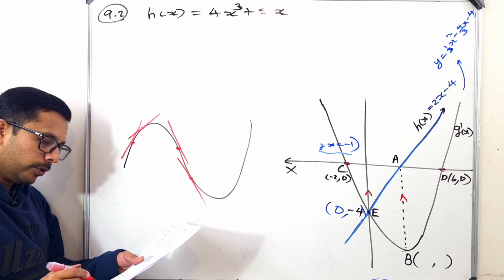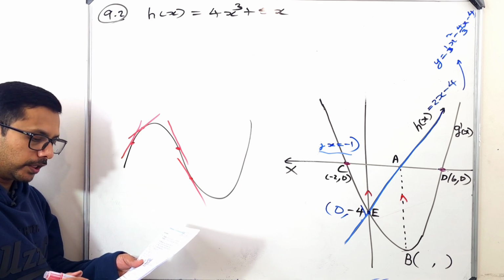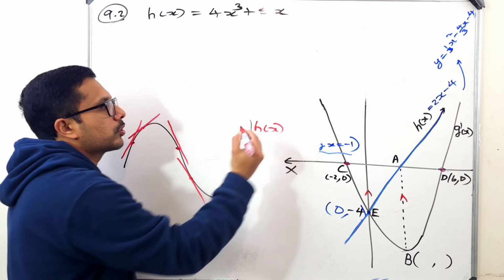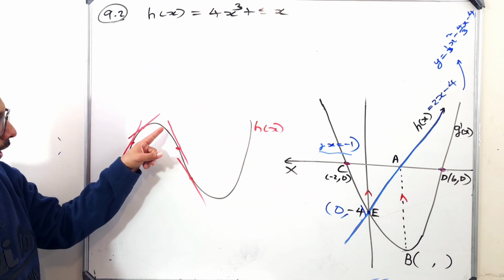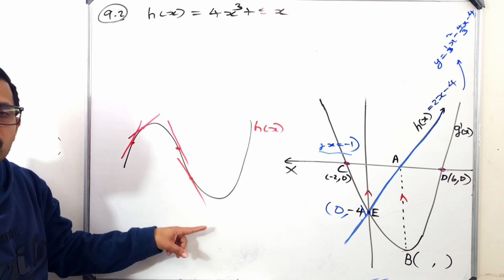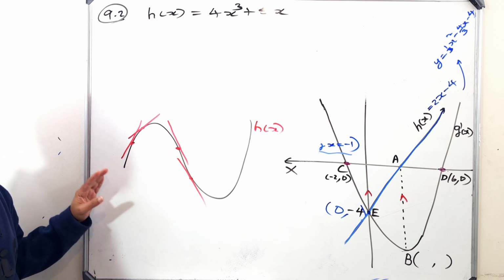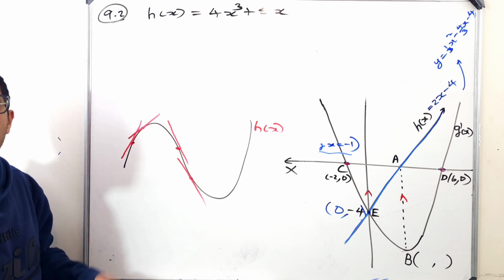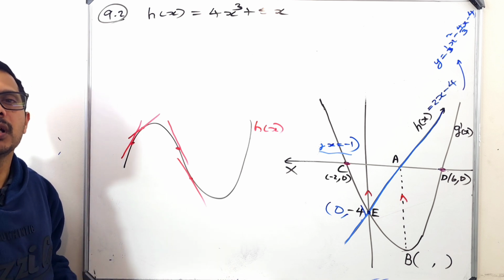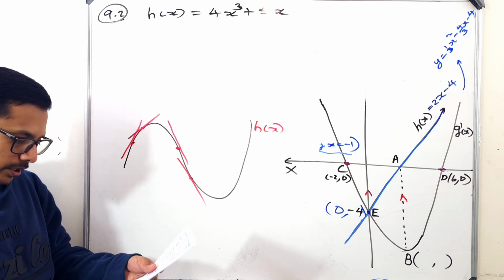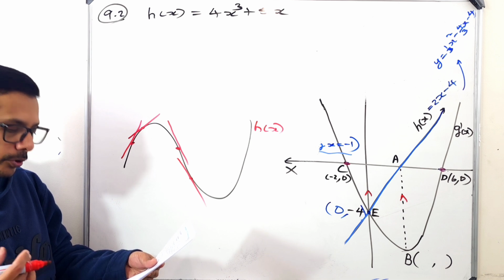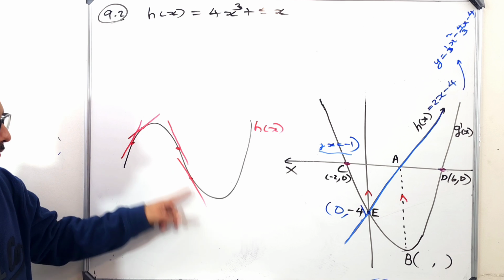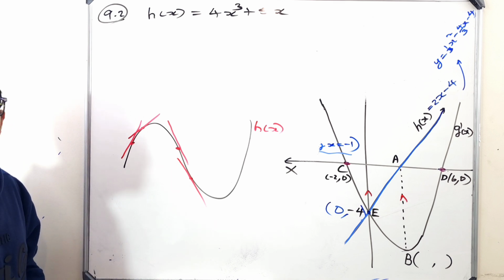Is it possible to draw a tangent having a negative gradient, or is it only possible to draw positive gradients? That is what you want to prove.